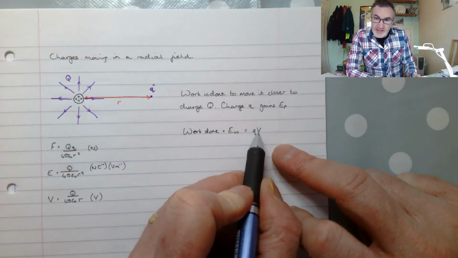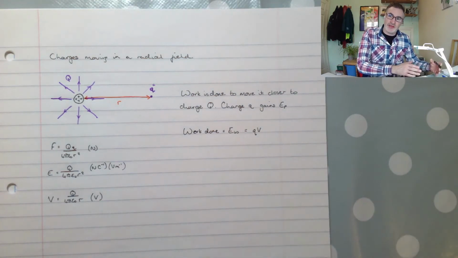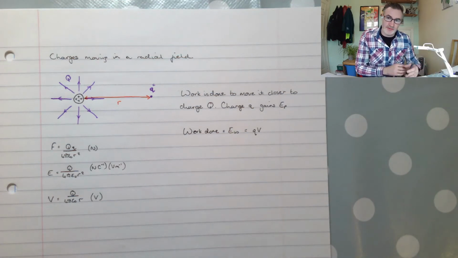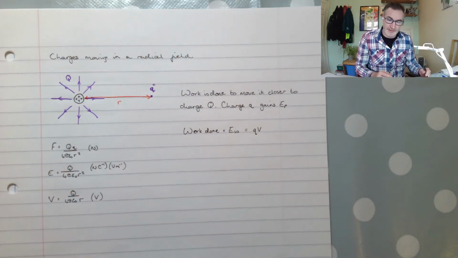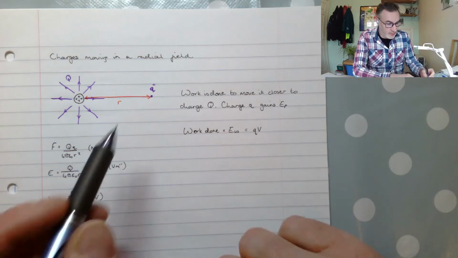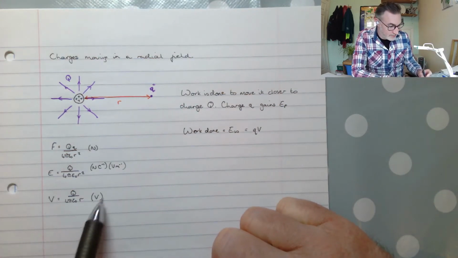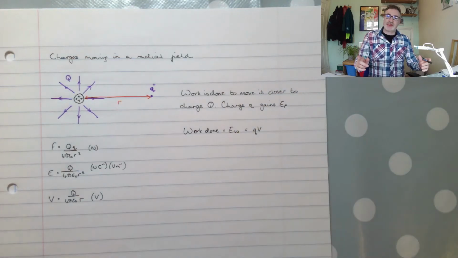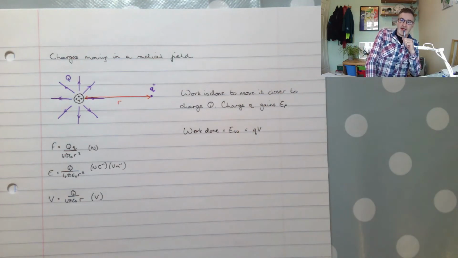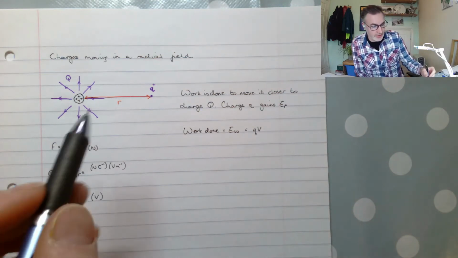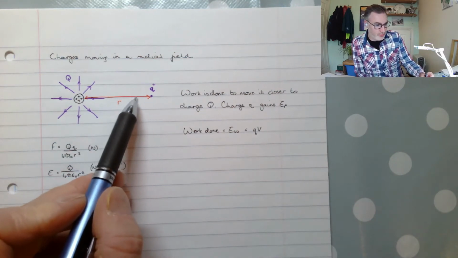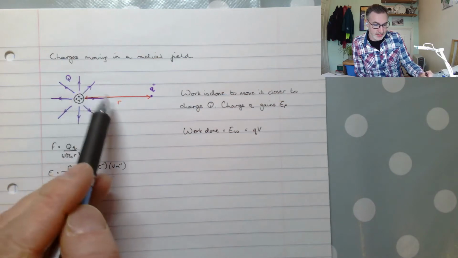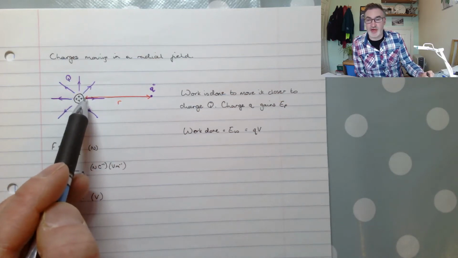But V, whereas before it's the same as the uniform field, V was just the voltage or the potential difference between the plates. But in this case, we have our electrical potential. Just incidentally, while I say that, you're never going to have a case in Advanced Higher where you're not moving the charge parallel to the field.